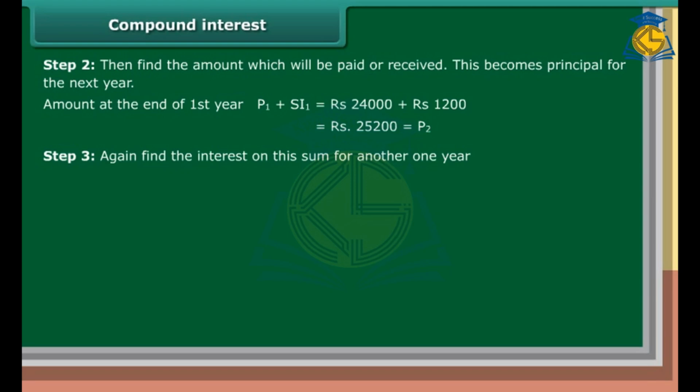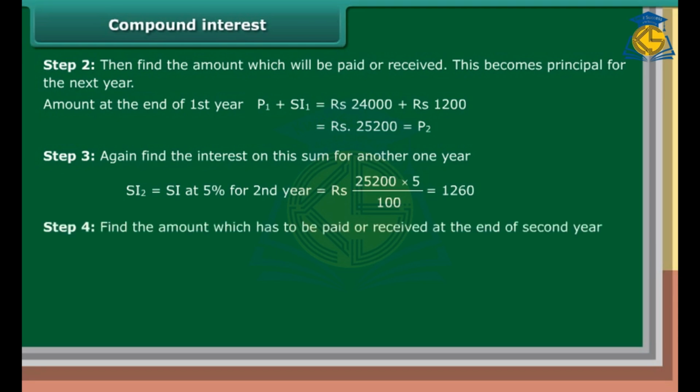Again find the interest on this sum for another 1 year. SI2 is equal to SI at 5% per annum for second year is equal to rupees 25,200 into 5 upon 100 is equal to rupees 1,260.